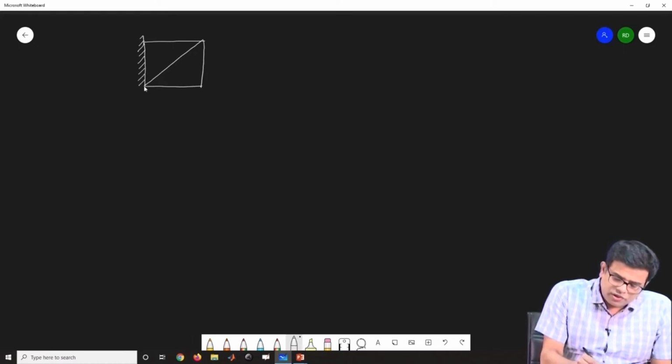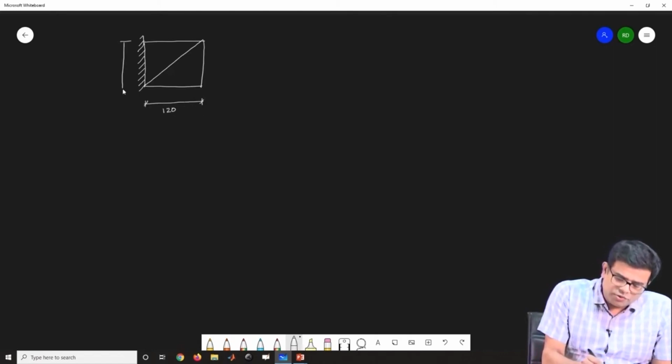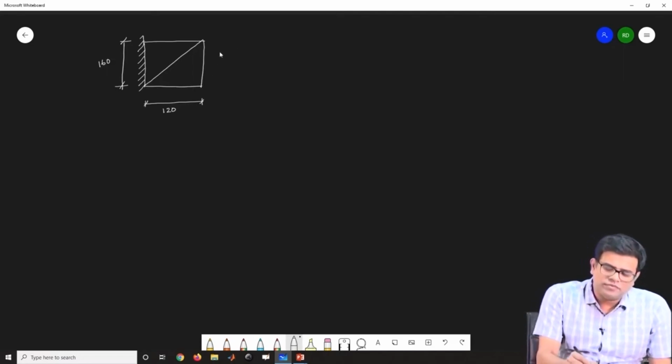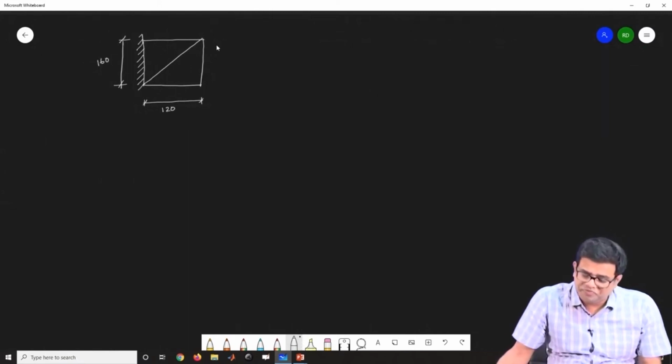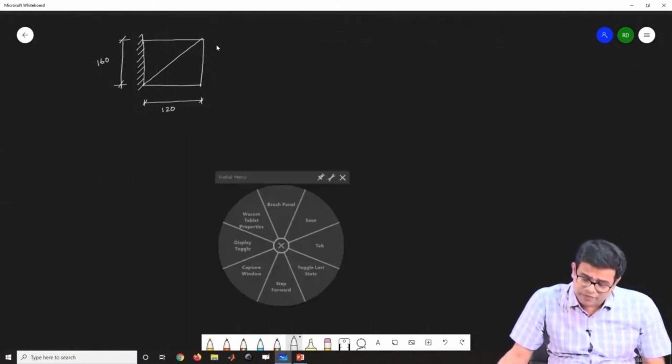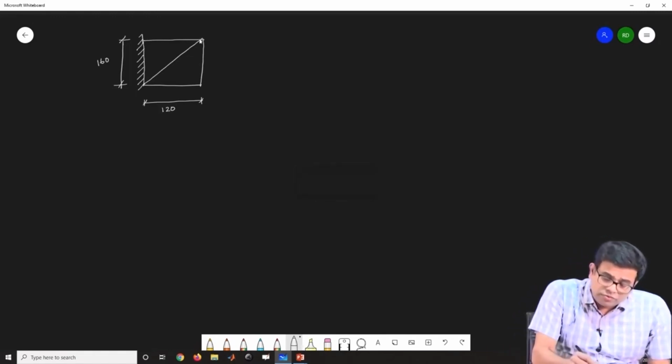It was, I think, 120 inch, and this is probably say 160. This problem we did for a small mesh with two elements, that means 4 nodes and 6 degrees of freedom.